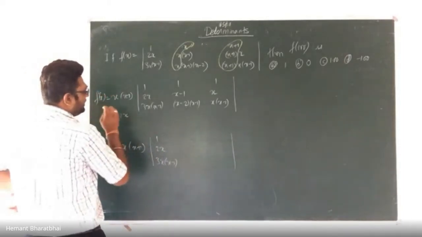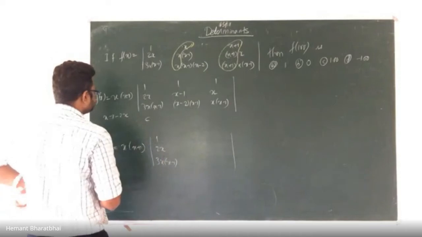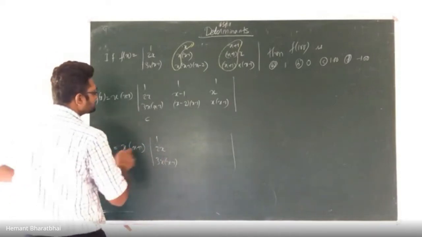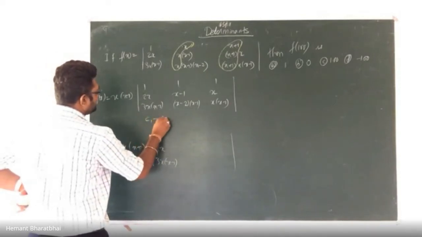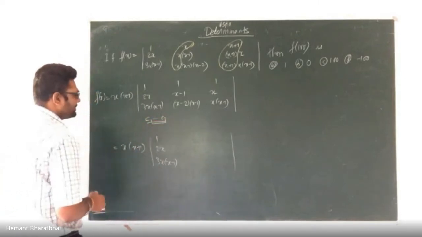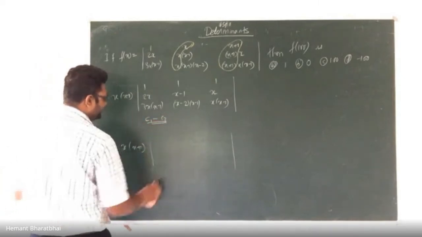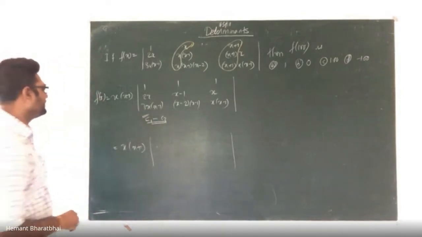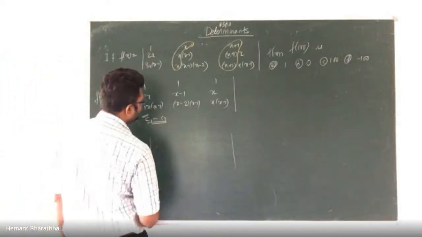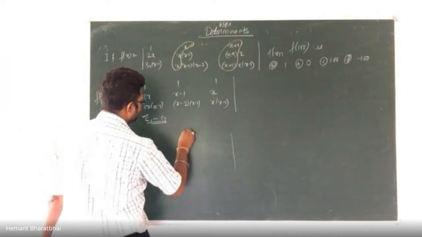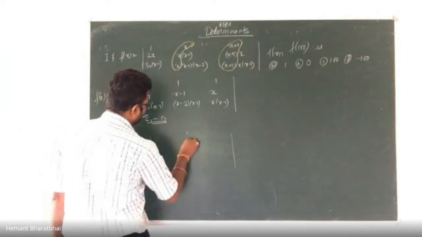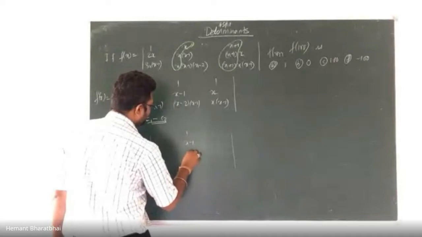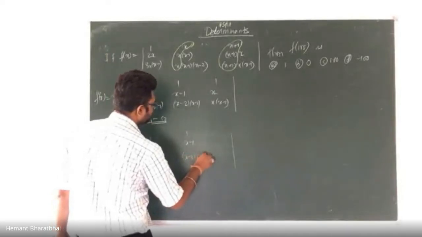So instead, let me do this. Let me instead try C1 minus C3. So the transformation is occurring in C3. So C2 and C3 will be common. So 1, x minus 1, x minus 2 into x minus 1.